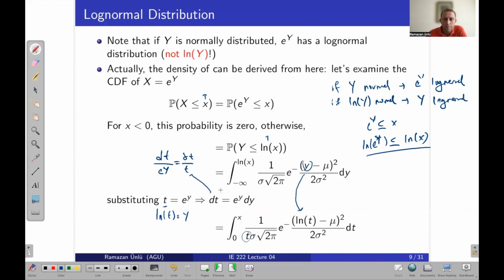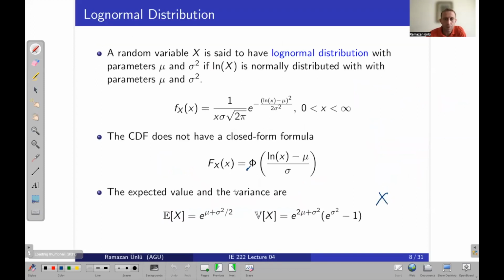And if I put e to the ln of x, remember that e to the ln of x is equal to x, so the upper limit will be x. And that is my new density.